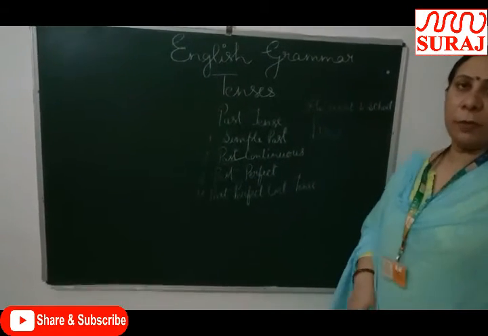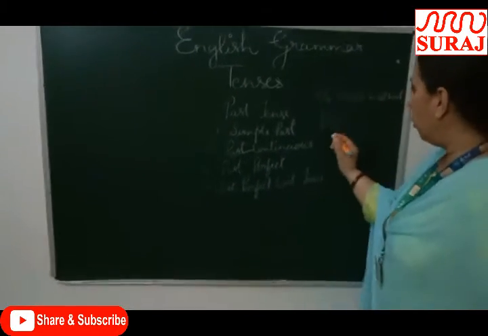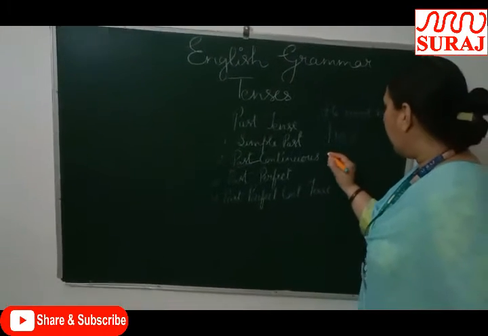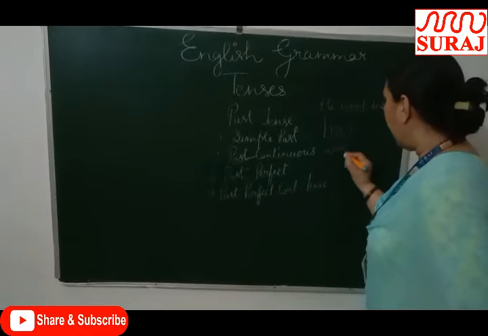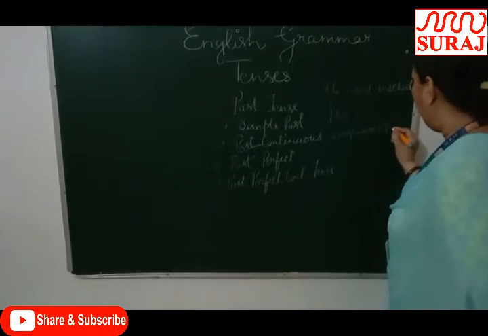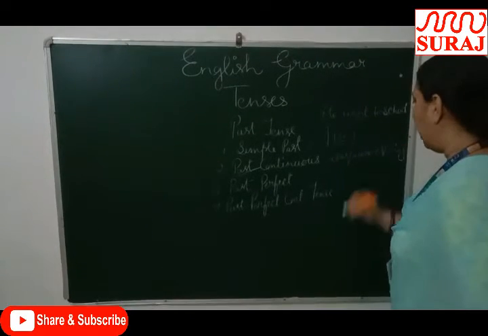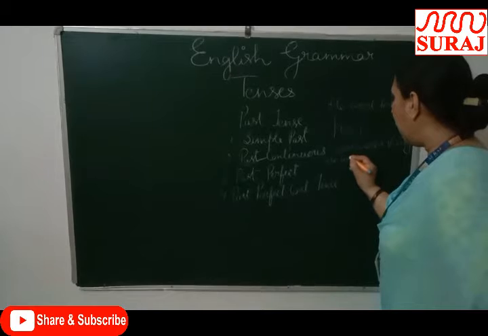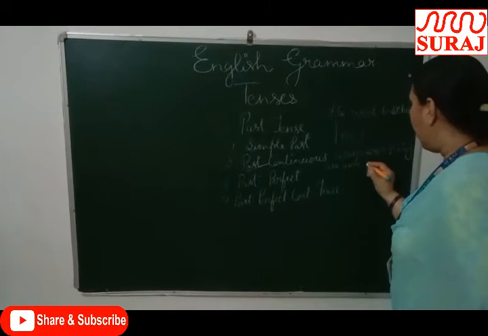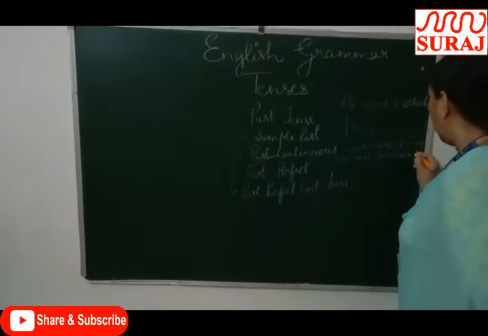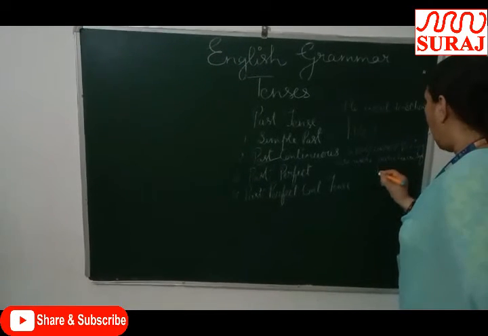In past continuous tense, let us look at the rule: was and were plus verb first form plus ing. The example is: We were purchasing a house.